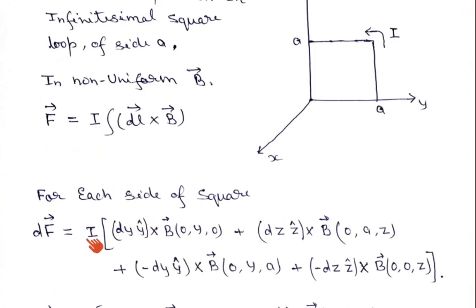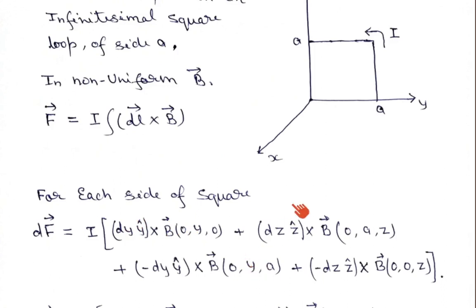So dF for side 1 is I times the integral of dy y unit vector cross product with B vector. Because the magnetic field is not uniform, we choose y as some coordinate y, and B is 0 in the x direction, meaning the magnetic field is present only in the y direction. The other component is 0.